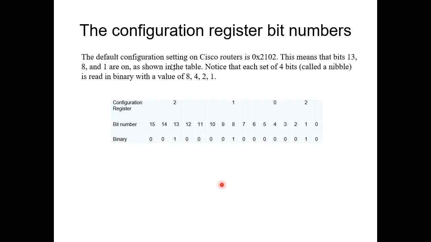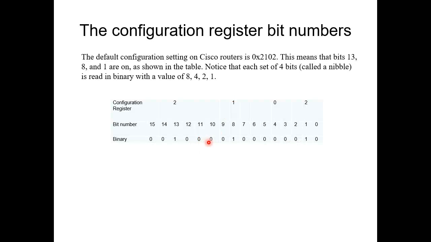Now, when you look at the configuration register and break it down into binary, 2102, if you recall our rules from before, every hex character is equivalent to 4 binary digits. So over here, you see that we've got a 2, and then we've got 4 binary digits down below, 0010. That's a binary 2.